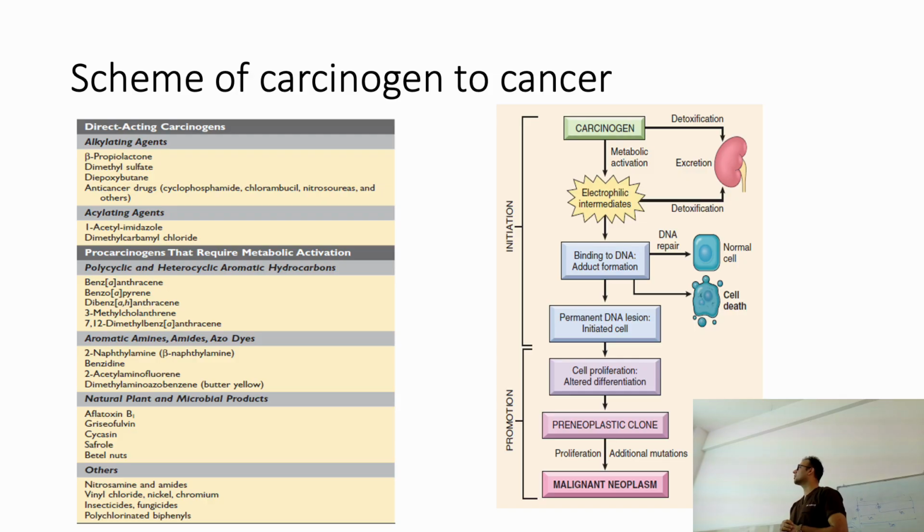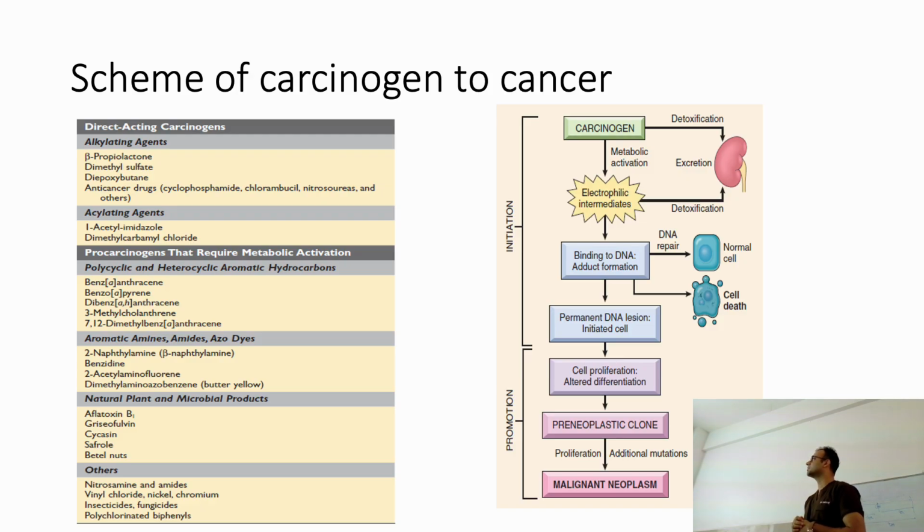The physical carcinogen can cause metabolic activation, which will secrete electrophilic intermediates, which will go and bind to the DNA, resulting in DNA adducts and DNA breakage, which will initiate the cell towards proliferation, and which will further form altered cell growth with pre-neoplastic clones, and they'll further progress towards the formation of malignant neoplasm.